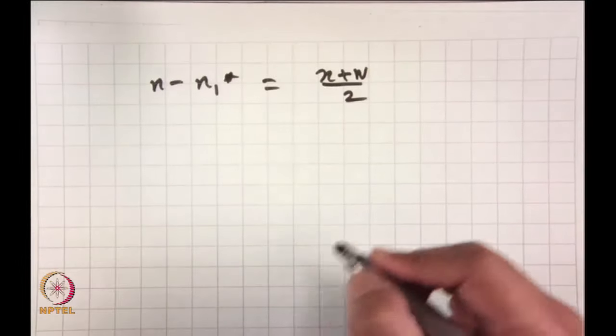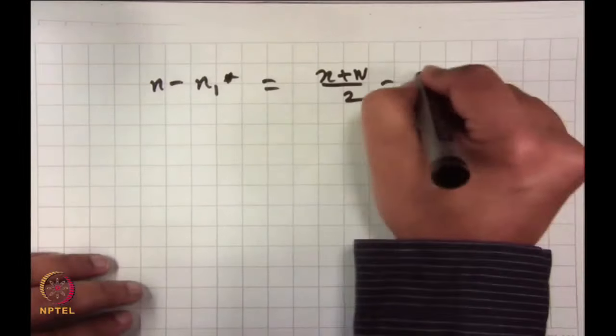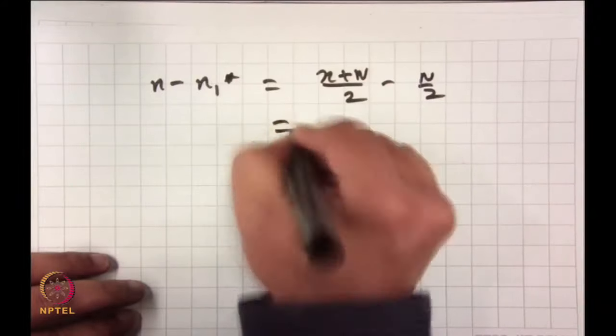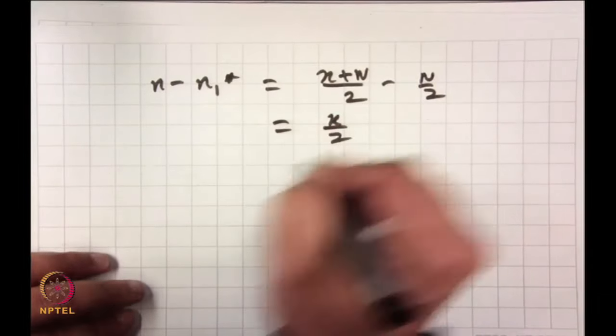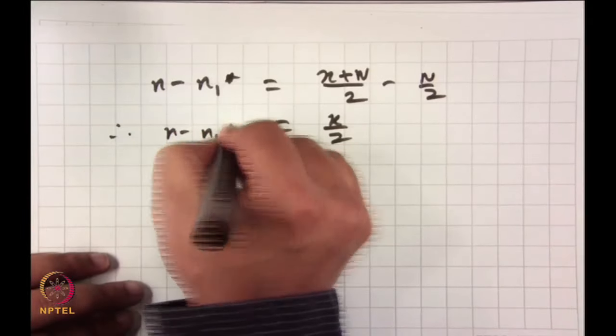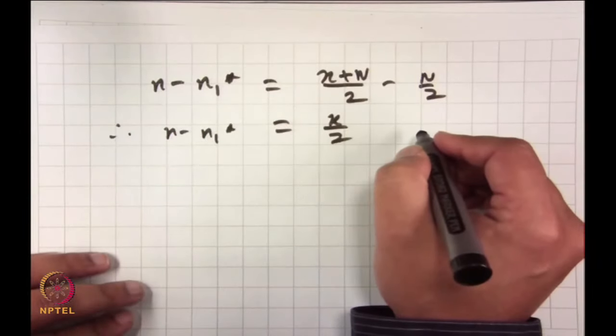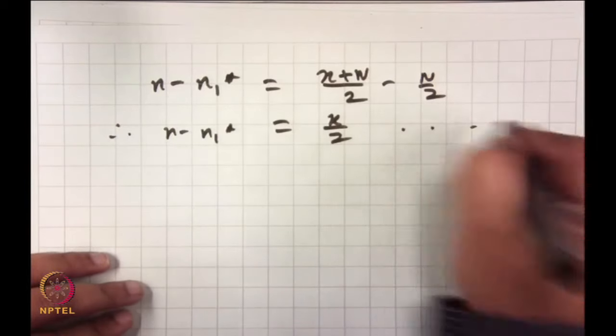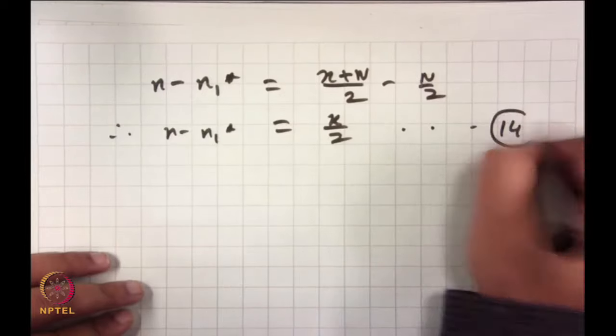What is n1 star? Then this is equal to x by 2, so n1 star is equal to x by 2, is it not? Okay. So let this be number 15.